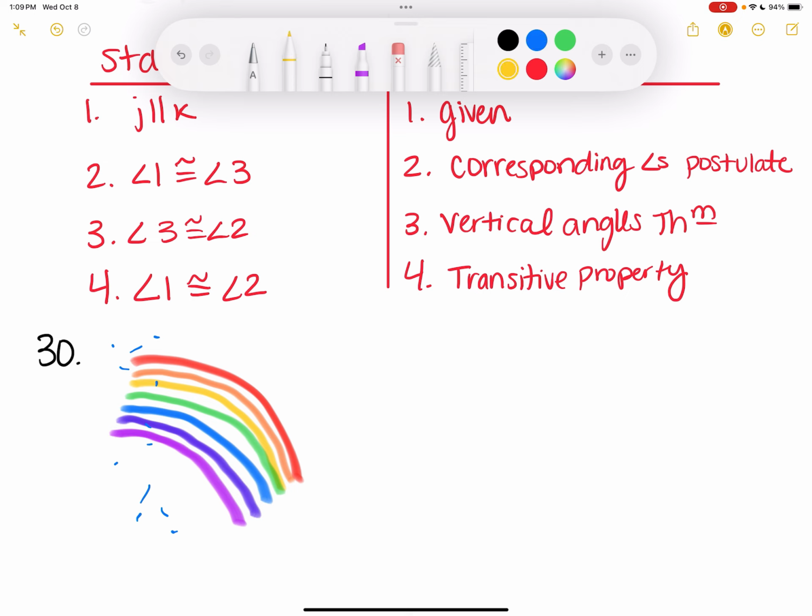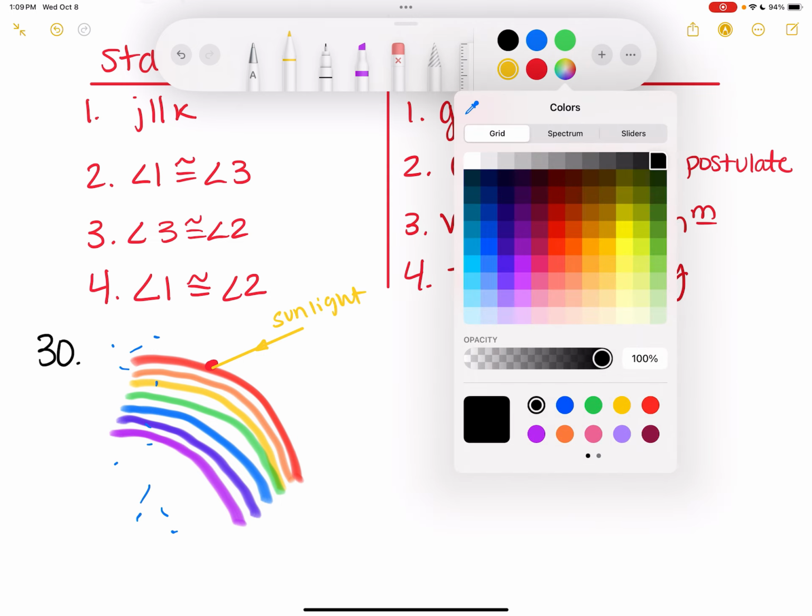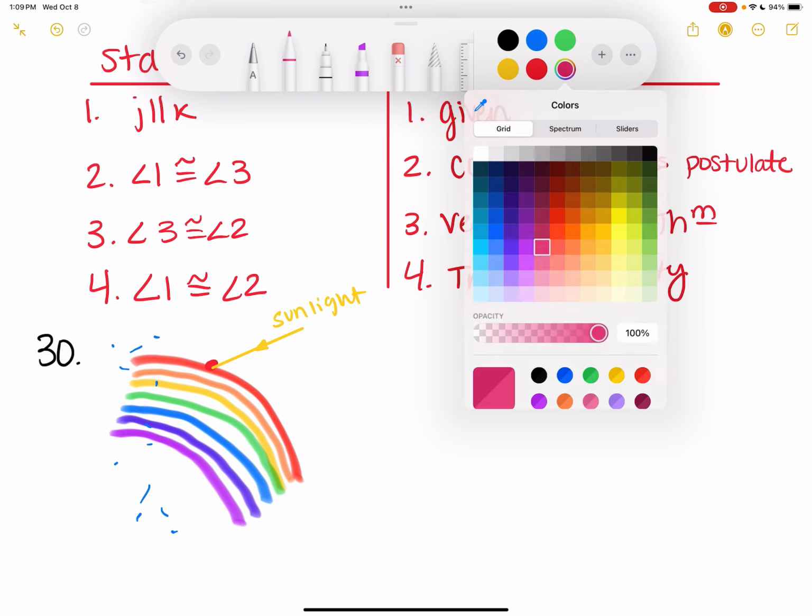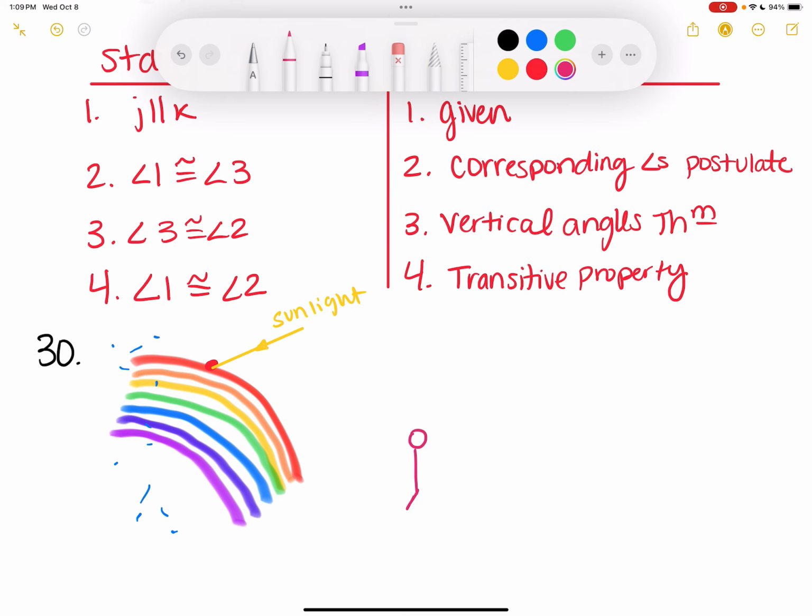And over here on the red, we have this spot that it's hitting the raindrop, and this is sunlight coming in, and then what color person do I want? Let's have a pink person. My person's over here.